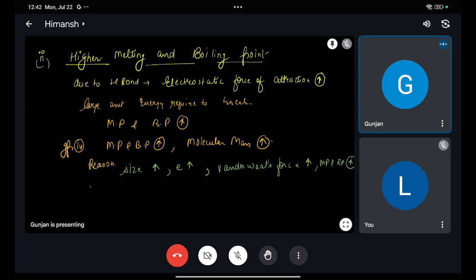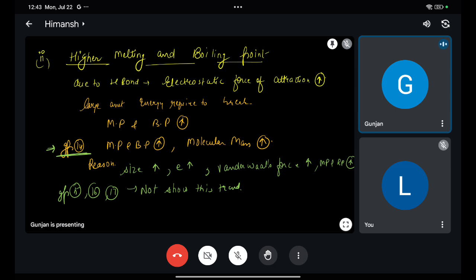This is for group 14, but hydrides of group 15, 16, 17 do not show this trend.